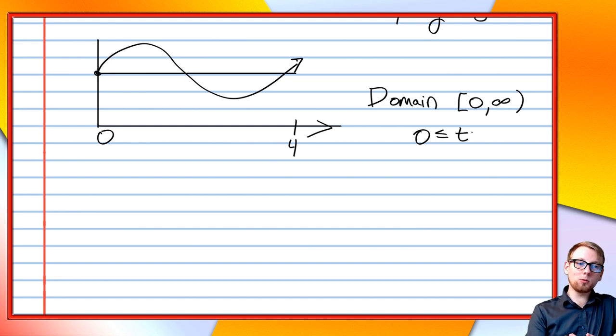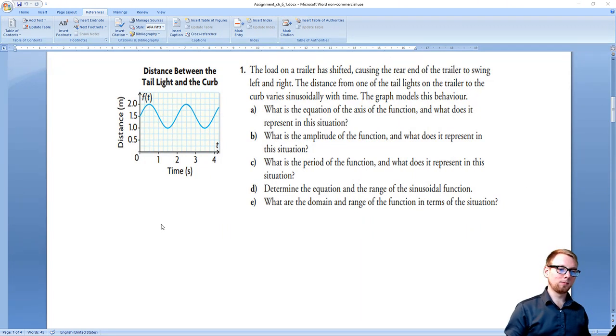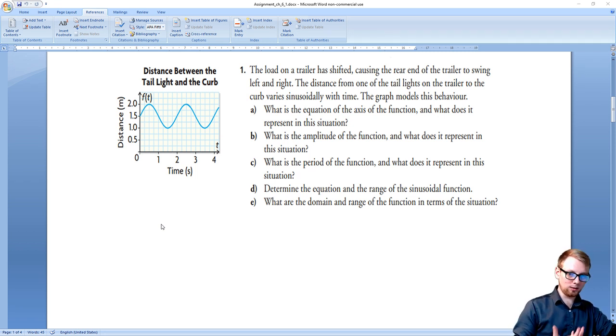Now, what is the range of our function? Think about the range here. It's the y values that it exists. We only have this area that it exists. What is this range of values?